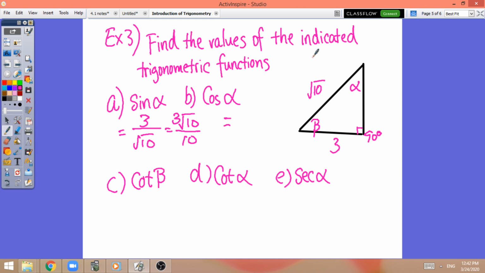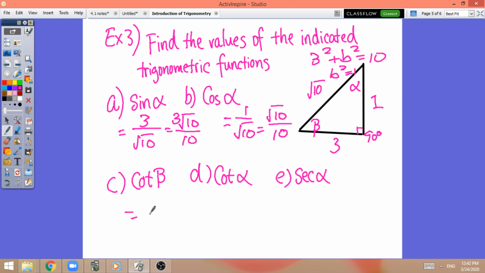Using the Pythagorean theorem, 3 squared plus b squared equals root 10 squared, which is 10. So 10 minus 9 is 1, so b squared equals 1, which means b is 1. So cosine of alpha is adjacent over hypotenuse, 1 over root 10, which is root 10 over 10 after you rationalize it.